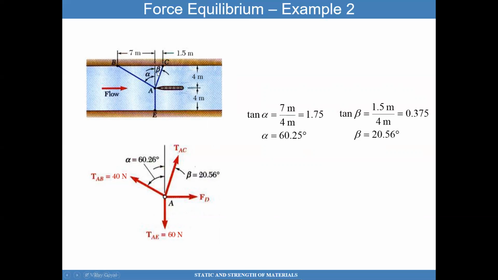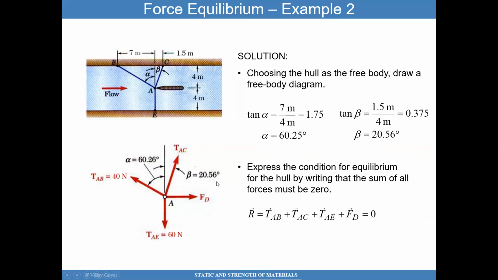And then here you can quickly find this angle as well. This angle here is tangent beta, which is this distance of 1.5 meters divided by this height of 4 meters. That gives you a beta of 20.56 degrees right here. With that information, I think I'm ready now to express the condition of equilibrium for the hull.